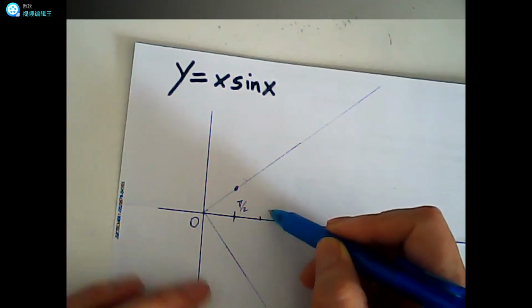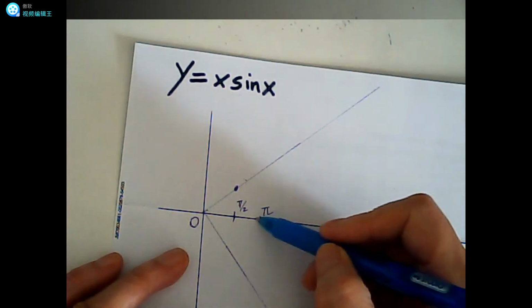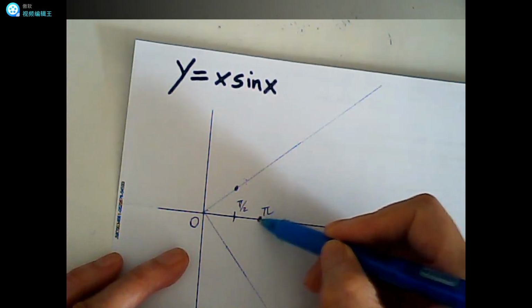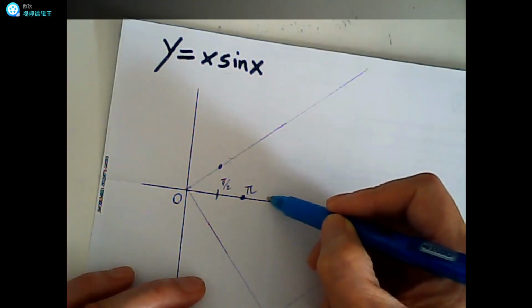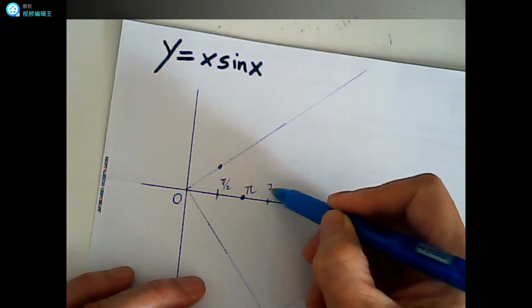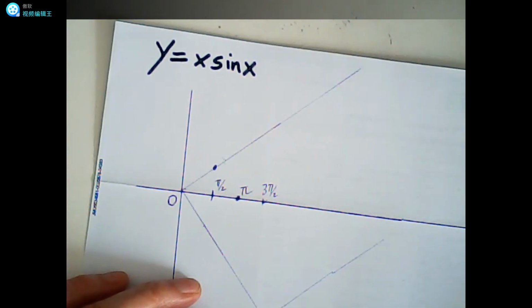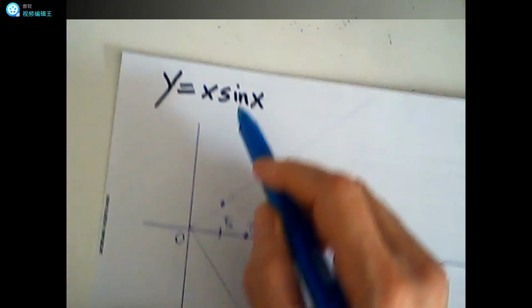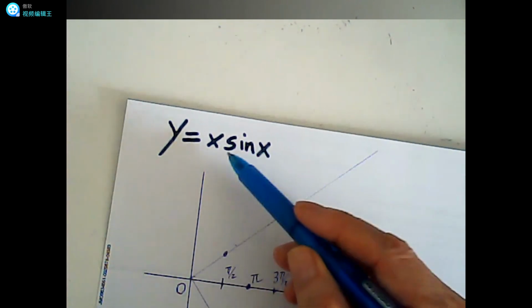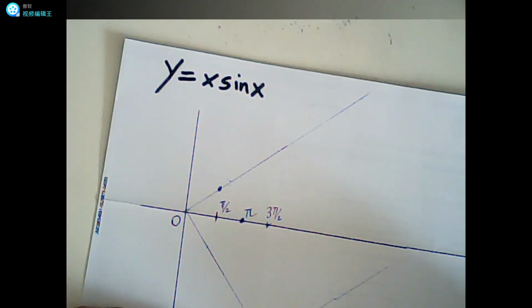When x equals pi, then sine pi is 0, so the curve must pass through this point. The next point is 3 pi over 2, at which sine is negative 1. So negative 1 times 3 pi over 2 becomes negative 3 pi over 2.